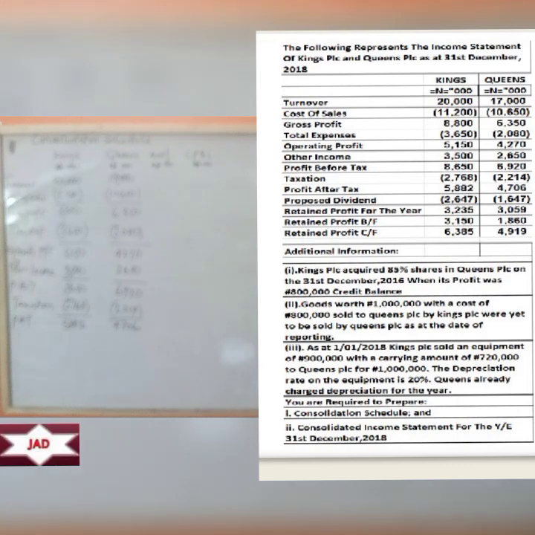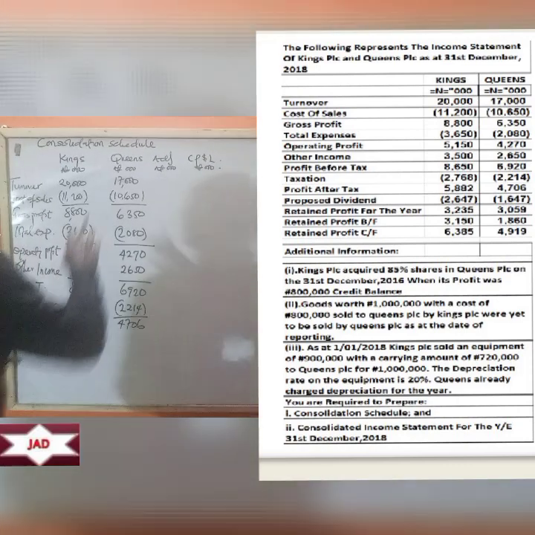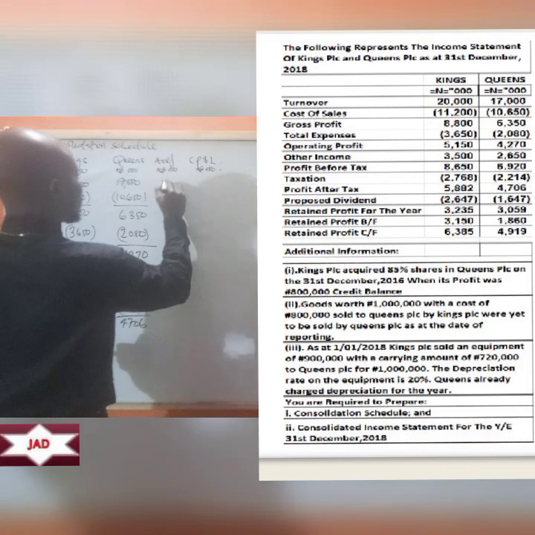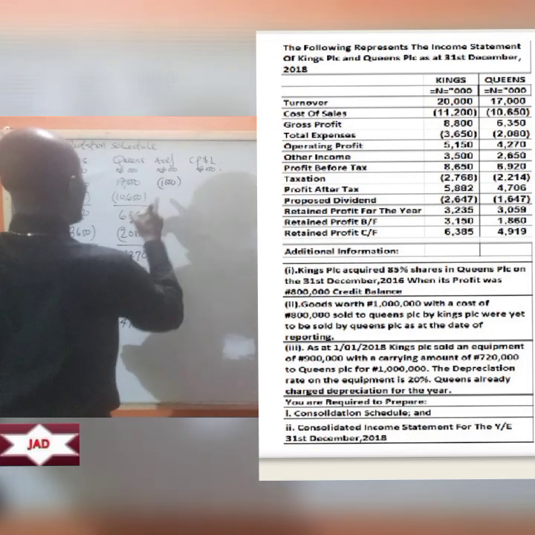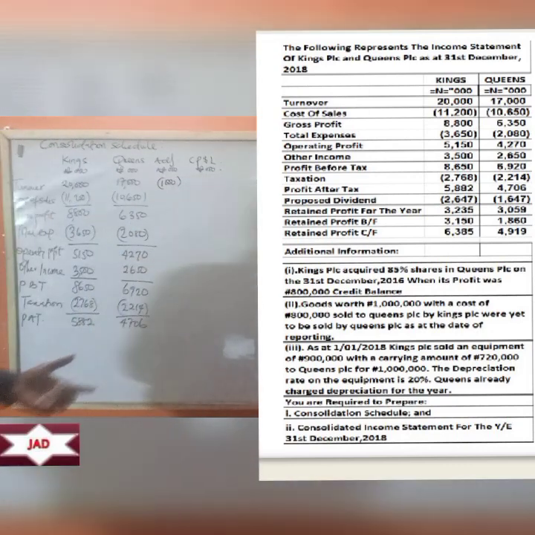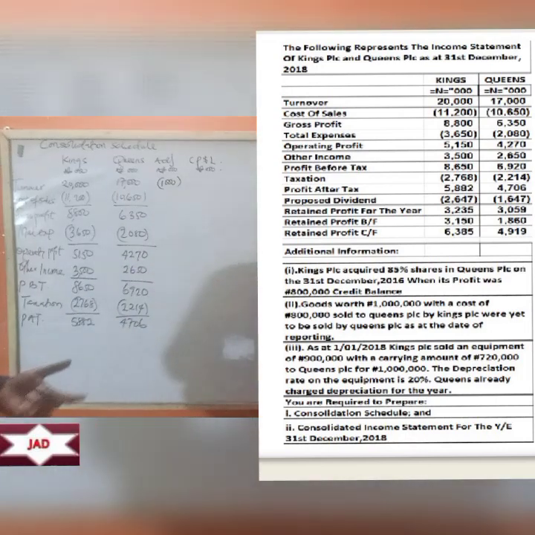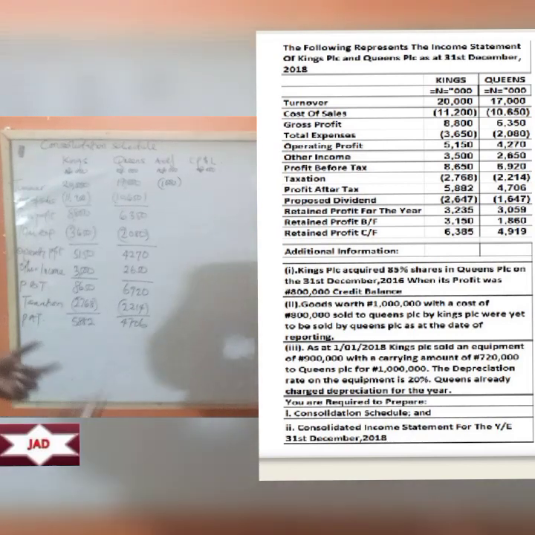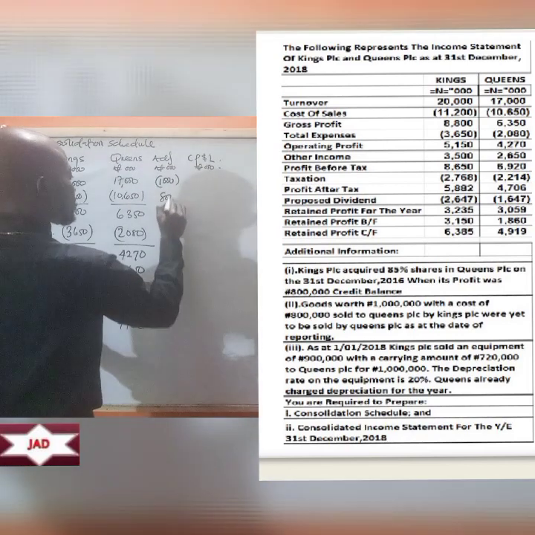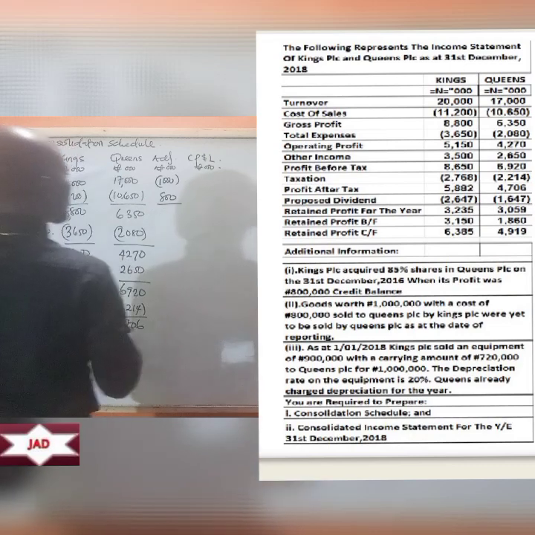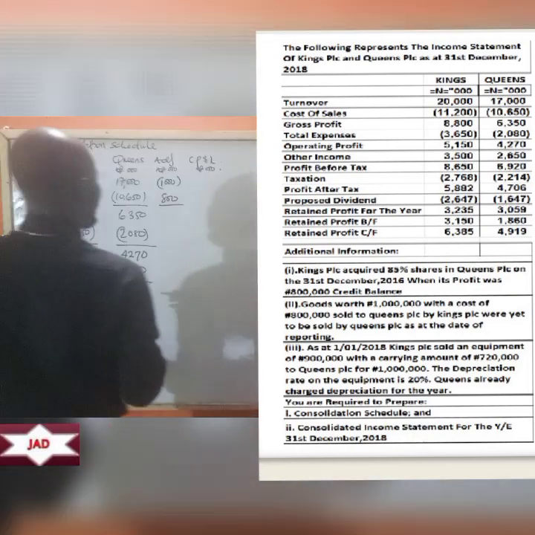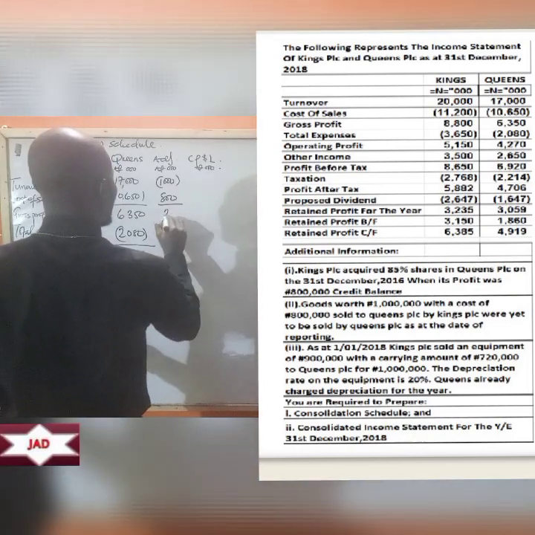So what do we have to adjust, right? This one here, we are adjusting 1,000. The question has already given us the sales and the cost of sales, which is like the purchases. So we have 800 here. So obviously this will be 200.